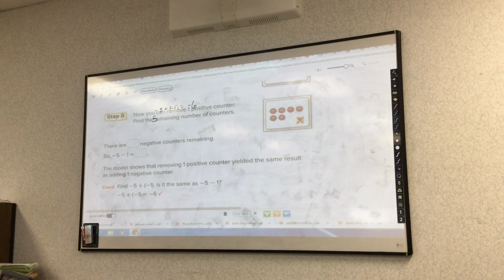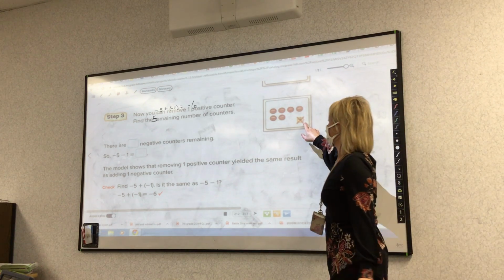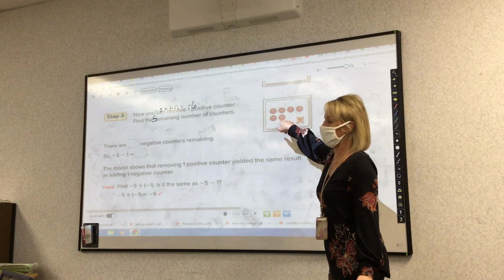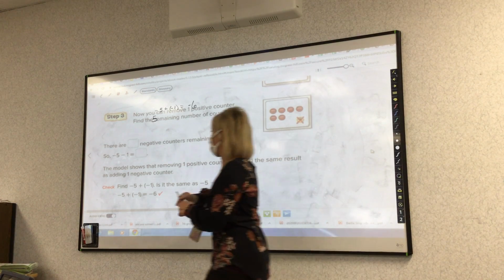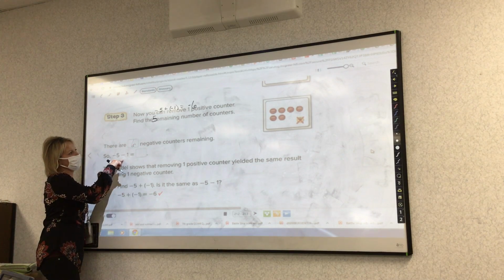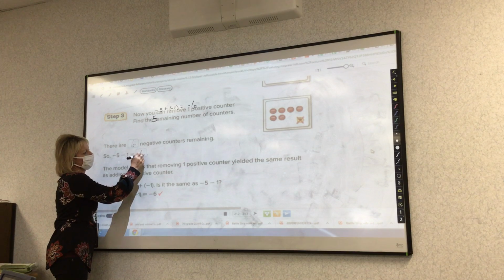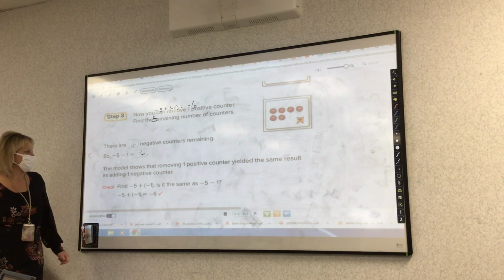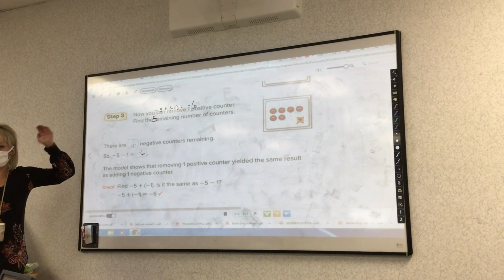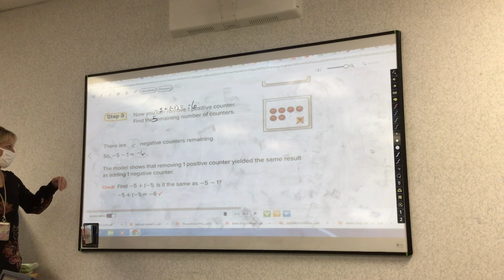And once you crossed it off, you're left with 1, 2, 3, 4, 5, 6 negatives. So there are 6 negative counters remaining, so -5 minus 1 equals -6. Again, we started with our keep, change, change, and then we're going to do it again.